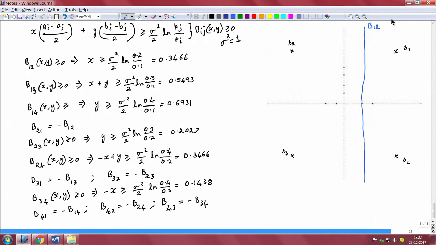Similarly, let us look at b13, x plus y is 0.5493. So, the boundary is going to look like this, and b14 is y greater than or equal to 0.6931.